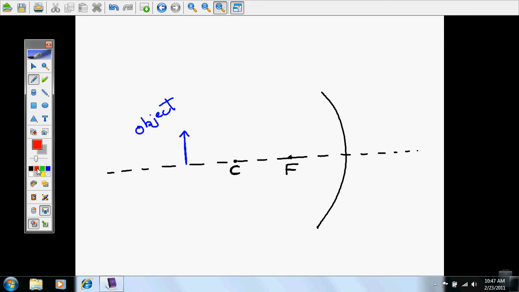And if I want to locate where the image is going to be produced, I'm going to draw two important light rays.